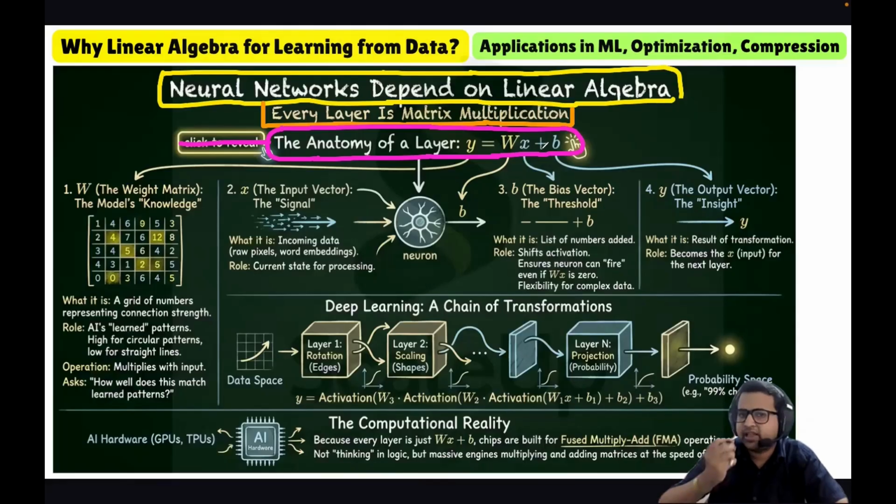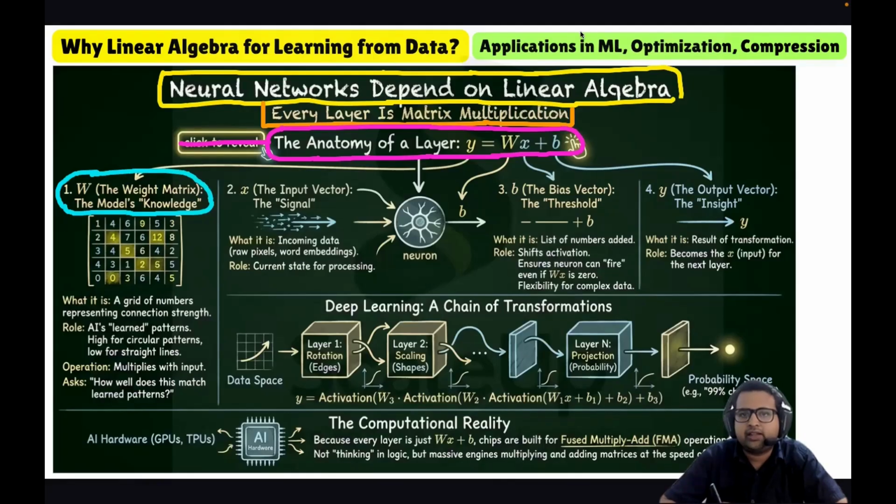This single equation is the fundamental neuron logic used by everything from simple predictors to GPT-4. In this equation, W is the weight matrix. The weight matrix is the model's knowledge. It represents the model's knowledge.